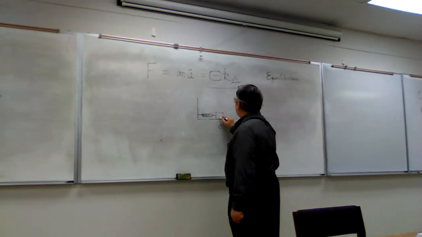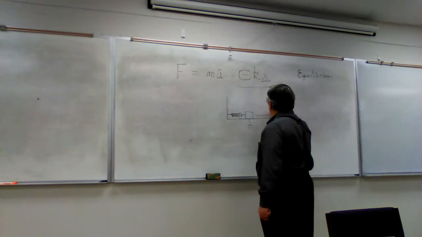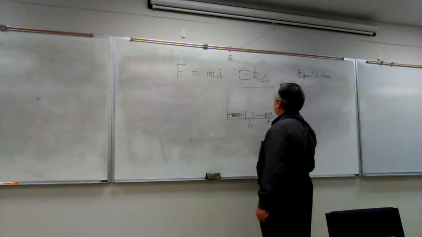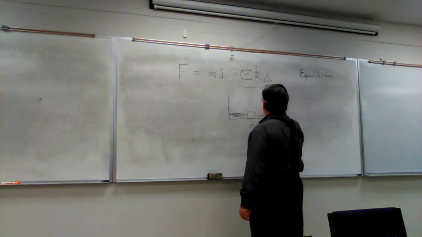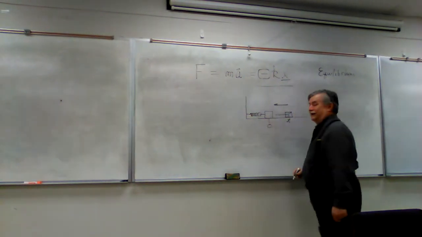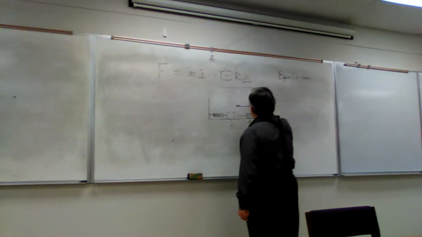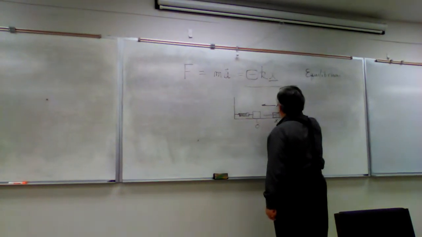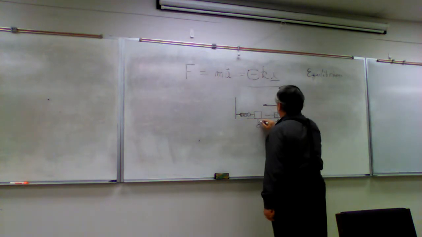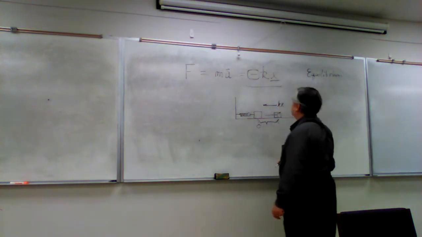So if you move the box to this position, X, the force that the spring is going to exert is now in the opposite direction. It's negative that spring constant times this distance, X.